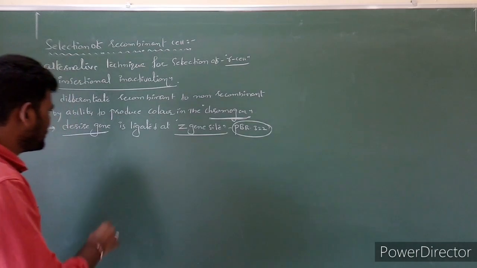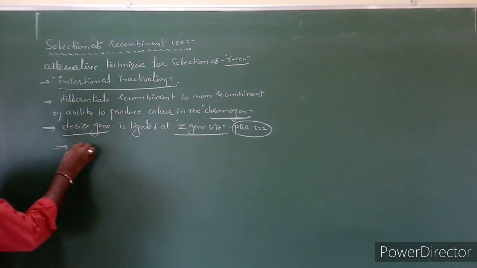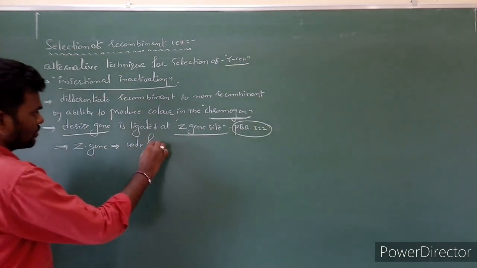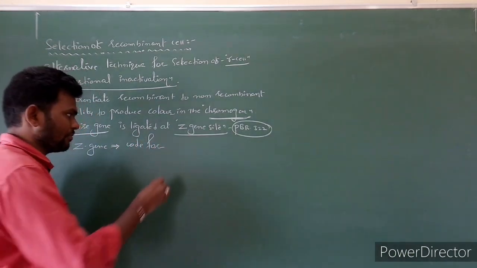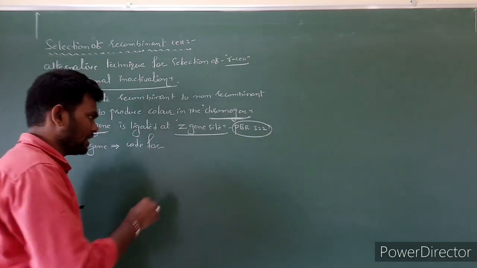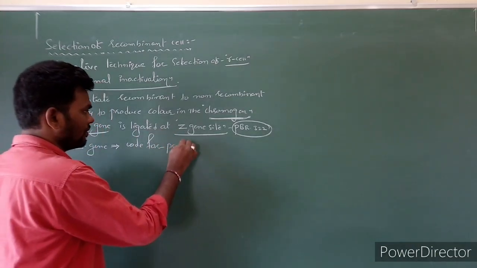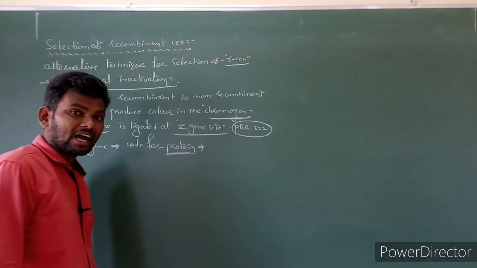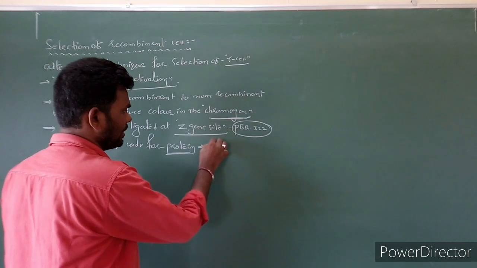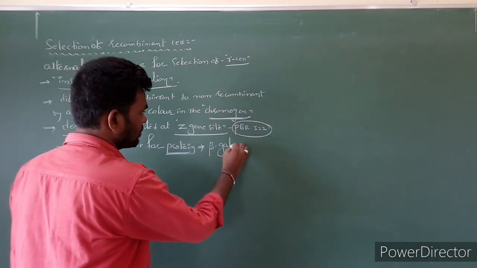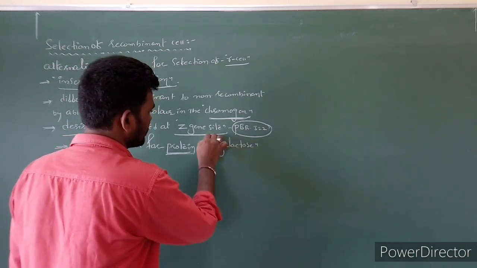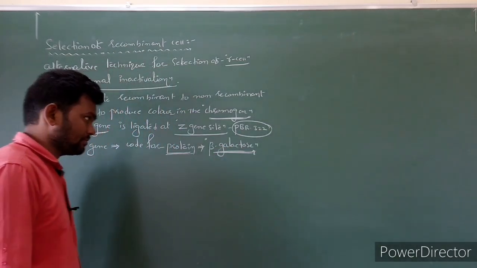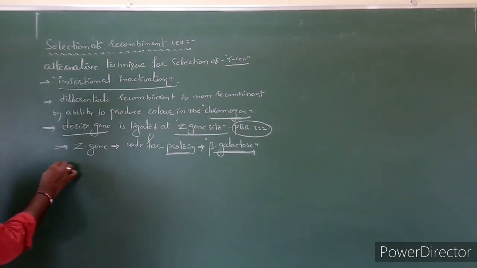Now what is the function of the Z gene? The Z gene codes for one enzyme. Enzyme is nothing but what? Protein. It codes for one protein, nothing but an enzyme, that is beta-galactosidase enzyme. Now due to insertion, what happened?